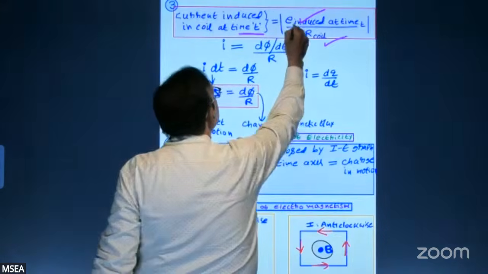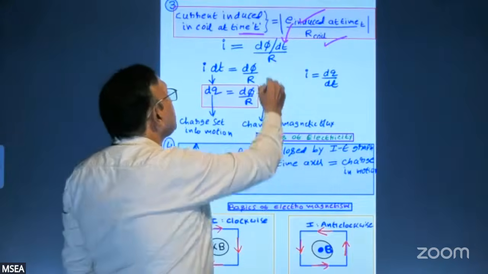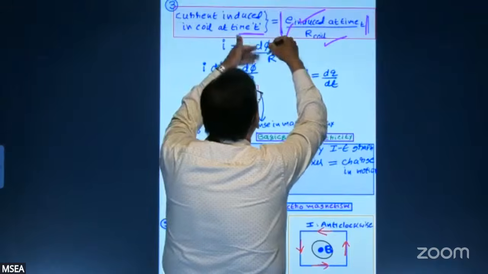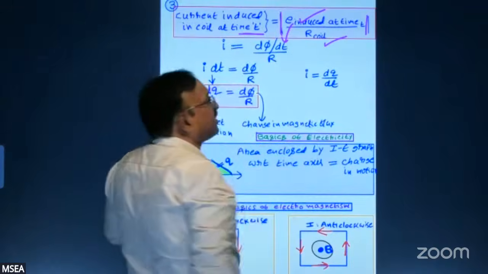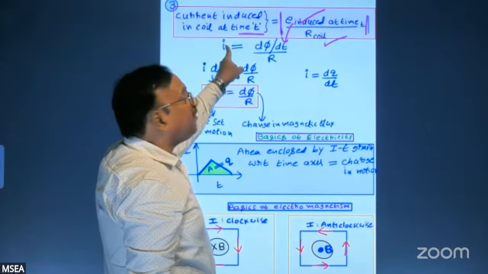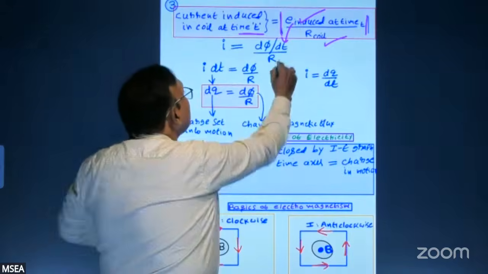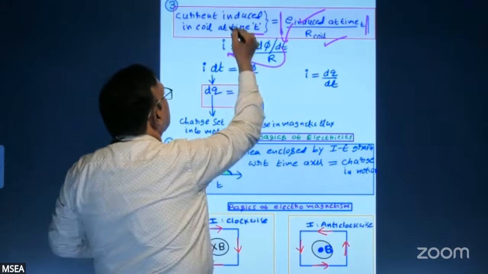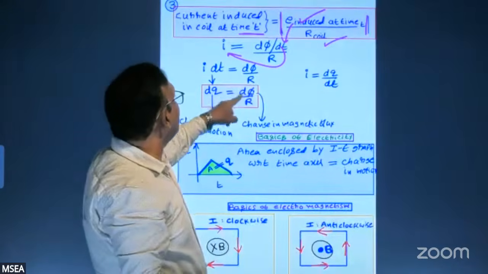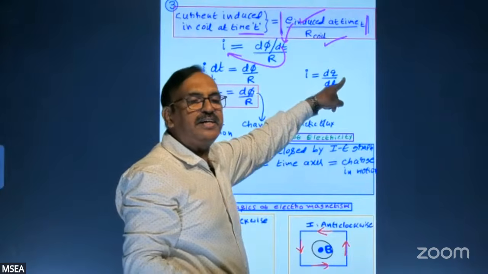What is the EMF induced in the coil at any time t? Instantaneous EMF, that means d phi by dt. I have put the mod here. So the mod of EMF induced, d phi by dt, divided by the corresponding resistance. Now, this dt term, if you bring it here, I dt comes to be d phi by R, and I into dt is nothing but the charge set into motion.